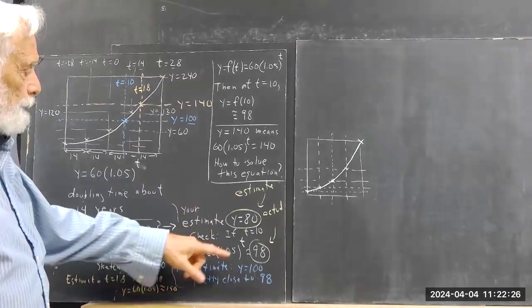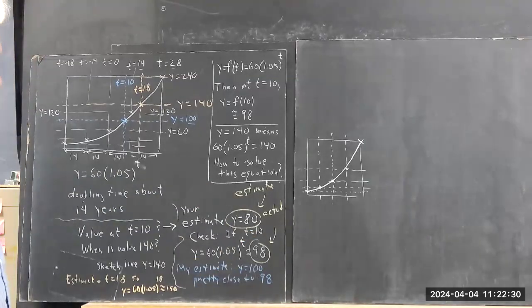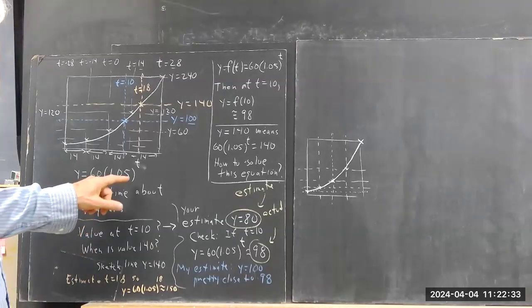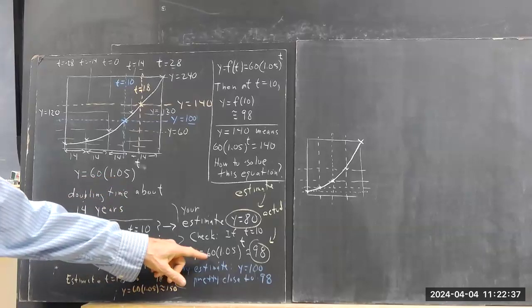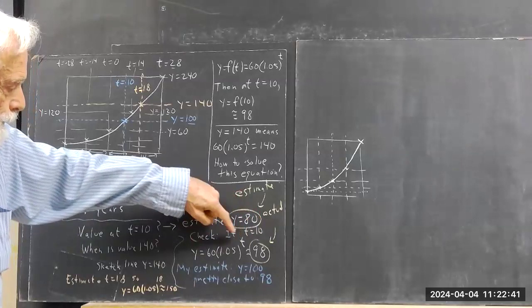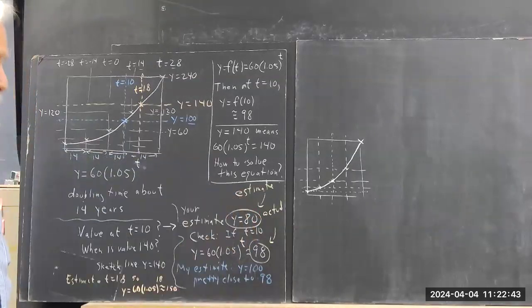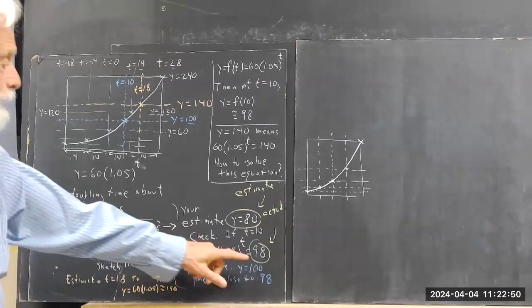And they checked it out by putting t equals 10 into the function. Okay, and they got y equals 60 times 1.05 to the t, where t equals 10, so use a calculator. They got 98. Okay, well, that is what it is. And that is what we get here. So we just calculated that.